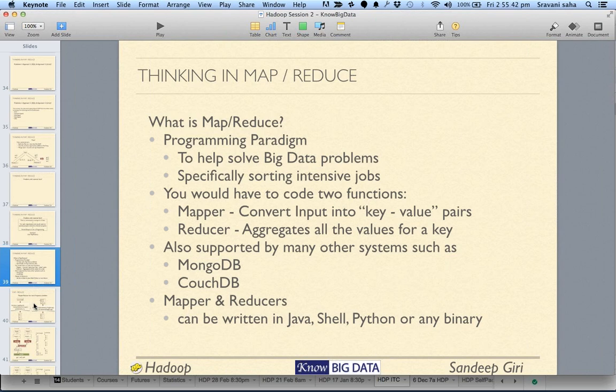And all of these problems occurred because data kept on growing. Our requirement to handle data keeps on becoming bigger and bigger, right?